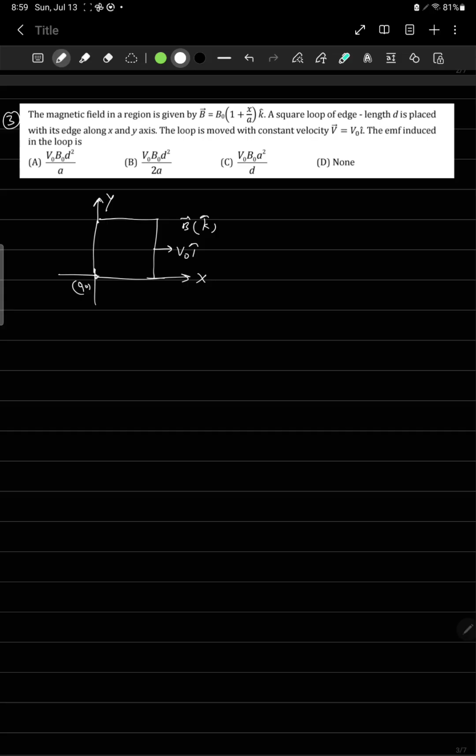So whenever the magnetic field varies within the loop, the process of calculating the induced EMF is through flux. So flux equal to B into A. So what is the magnetic field here at this instant? B naught (1 plus h by a) into, the side is d, so area will be d square. Now d phi by dt is equal to B naught d square (0 plus 1 by a dh by dt).